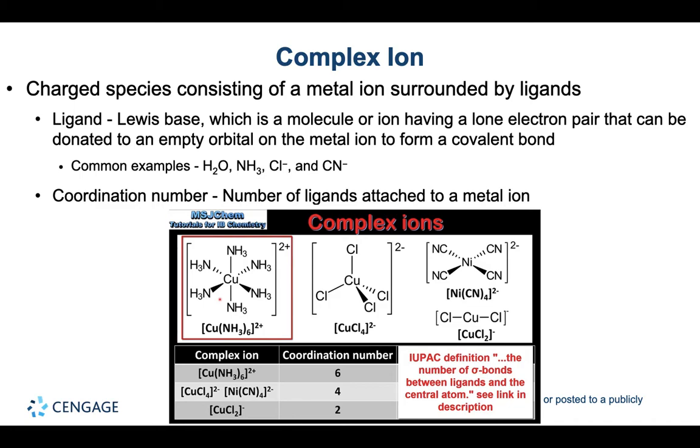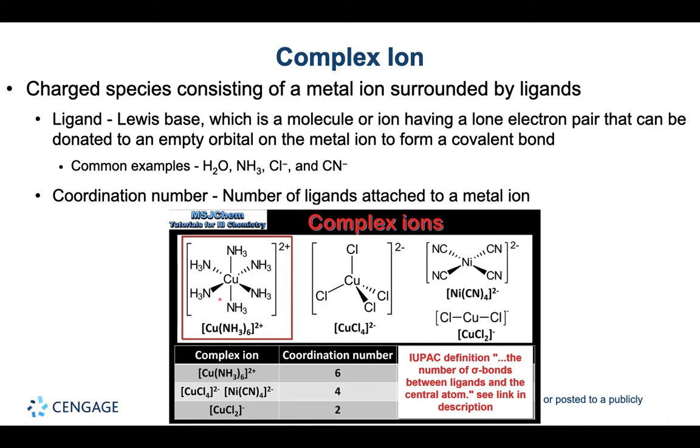The copper and chloride typically forms a set of 4 in a tetrahedral pattern, and that would be a coordination number of 4. Nickel cyanide also can do a coordination number of 4. Copper(I) chloride, CuCl2, can do it in a group of 2.